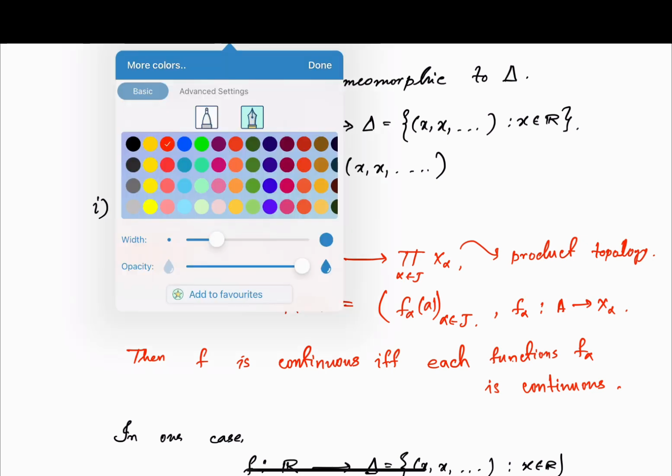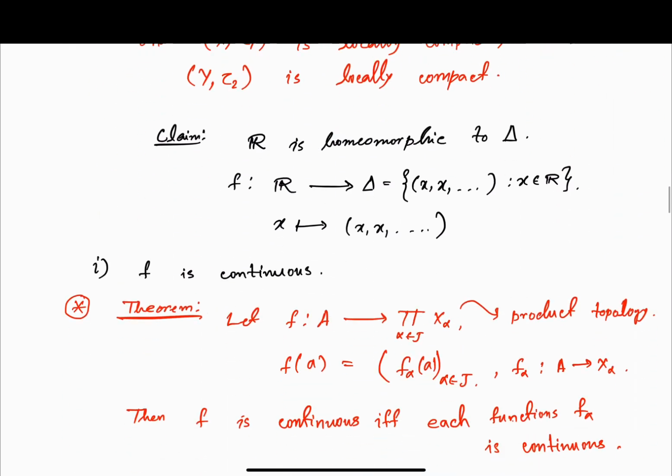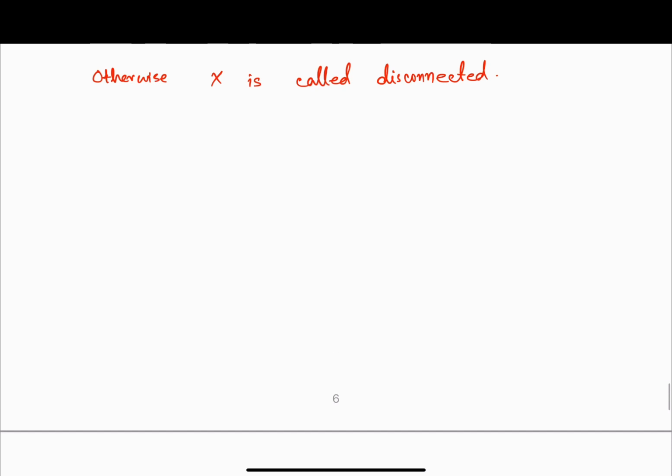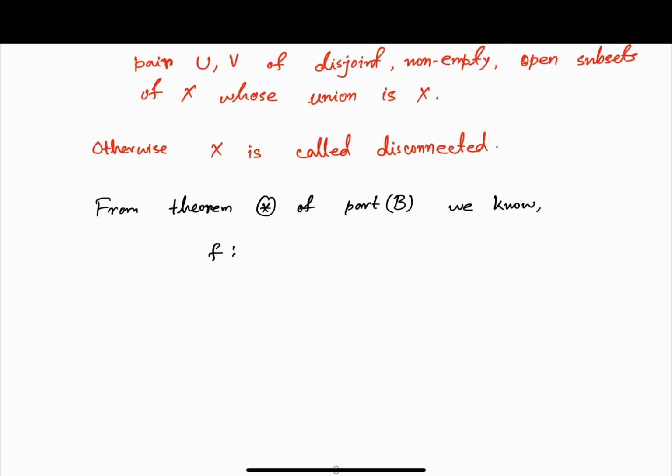Let me call this theorem star, which is the theorem from part B. From theorem star of part B we know this map, which we defined from R to delta, x goes to this, is continuous.